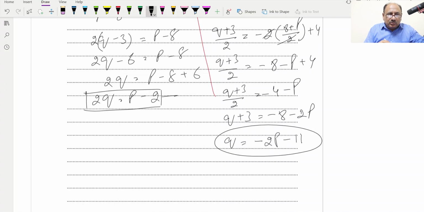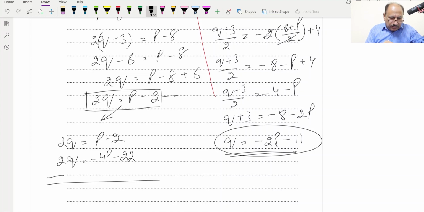We'll solve these two simultaneously, and we can write 2q, this equation I'm copying over here. 2q is equal to p minus 2, and this equation I will multiply by 2 and write here. So it will be 2q is equal to minus 4p and minus 22, and we can change signs, and this will be what?